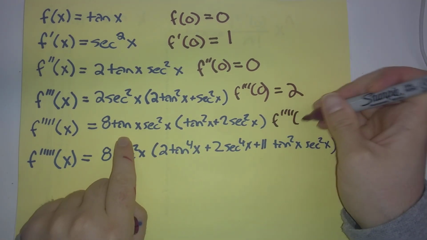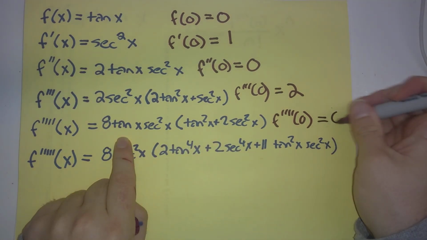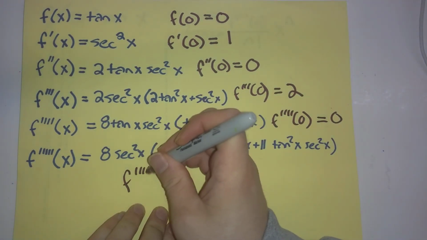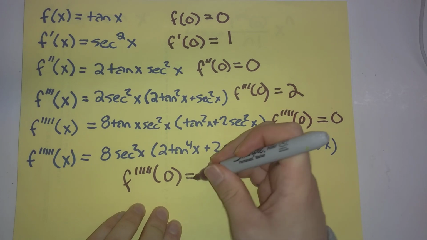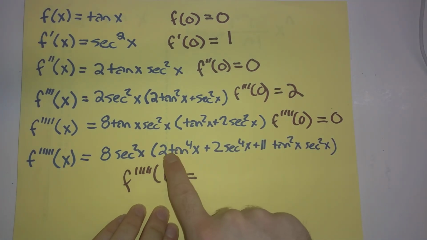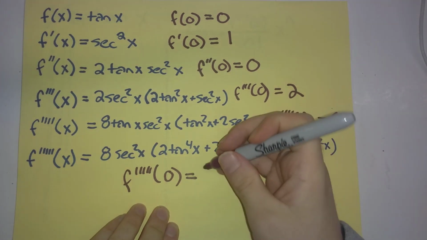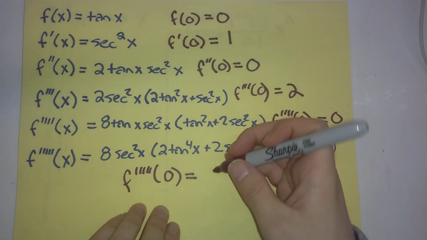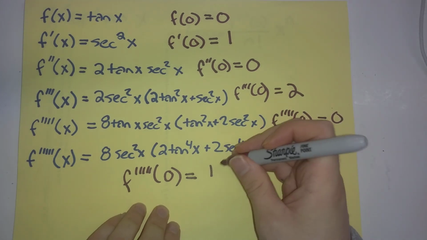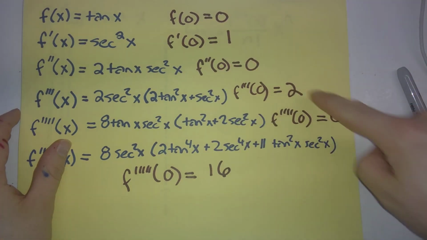The 4th derivative at 0 has a tangent 0 factor, so that makes the whole thing 0. The 5th derivative of f at 0 is 8 times 1 times 0 plus 2 plus 0, so that's 8 times 2, which is 16. So 0, 1, 0, 2, 0, 16.